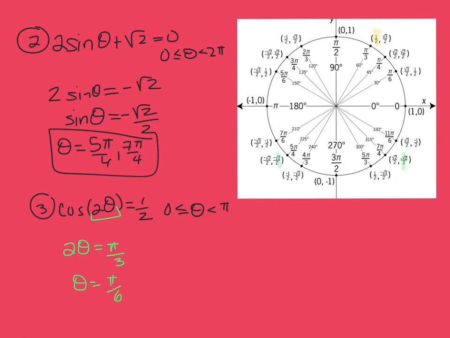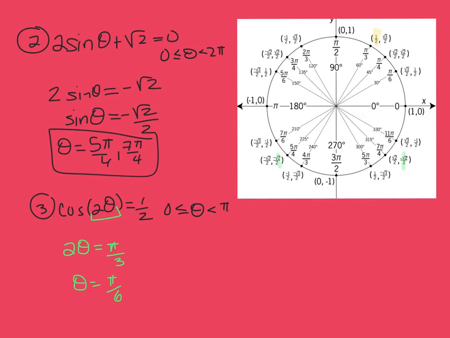Okay, here's the other thing that's weird. Because cosine of 2 theta has a period of pi and not 2 pi, we are actually going to get an additional solution that's between 0 and pi.